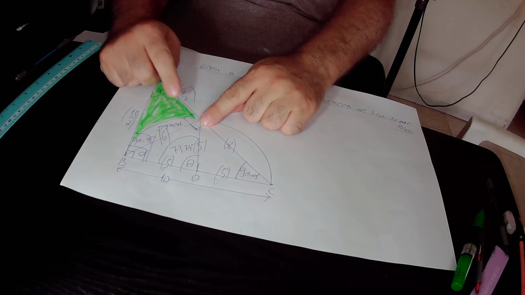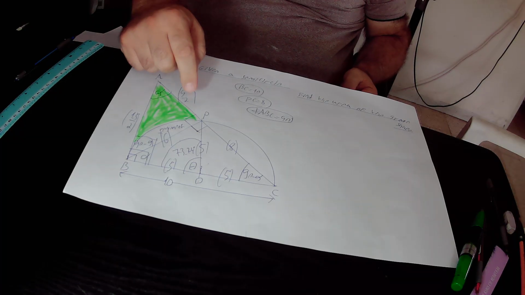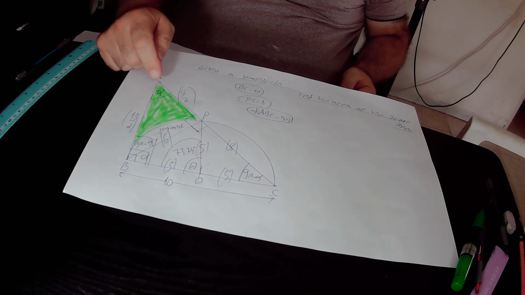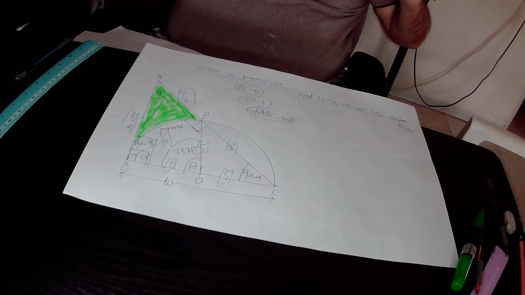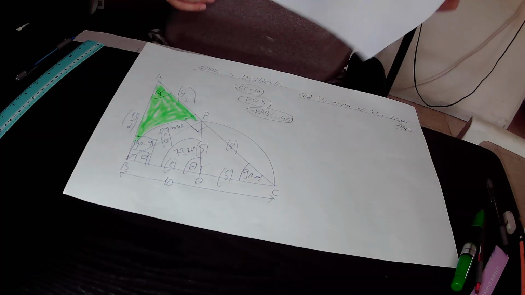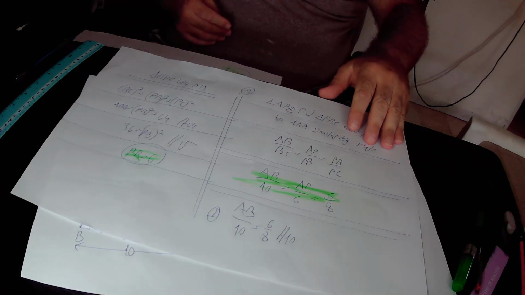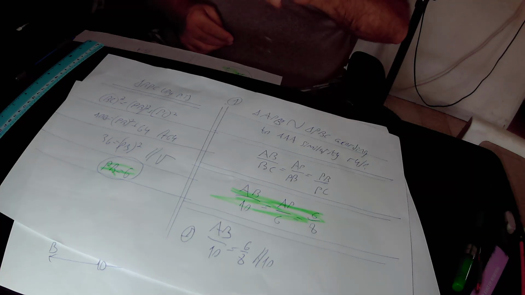So we found out that all the angles of the right triangle APB are correspondingly equal to all the angles of the right triangle BPC, and therefore those two right triangles are similar to each other according to the angle similarity rule.